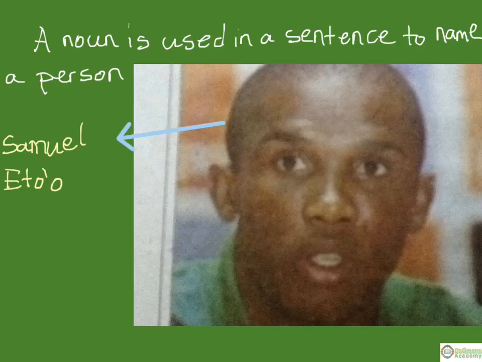And so you also listening to me now, your name is a noun. The name given to you is a noun. The name given to your mother is a noun, to your father is a noun, to your teacher speaking to you now is a noun.